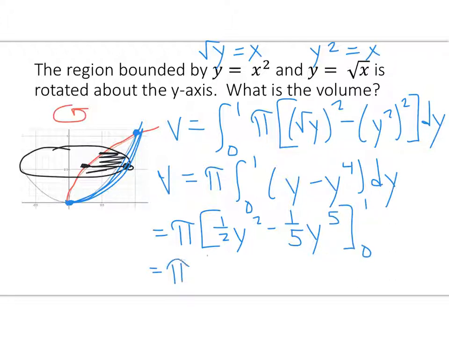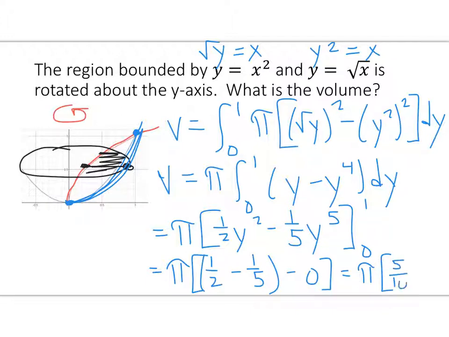So this is pi times 1/2, 1 squared is 1, minus 1/5, minus zeros. So I have to do my 1/2 minus 1/5. So I have pi times 1/2 is equal to 5/10, 1/5 is equal to 2/10. So I find that this volume is 3 pi over 10.